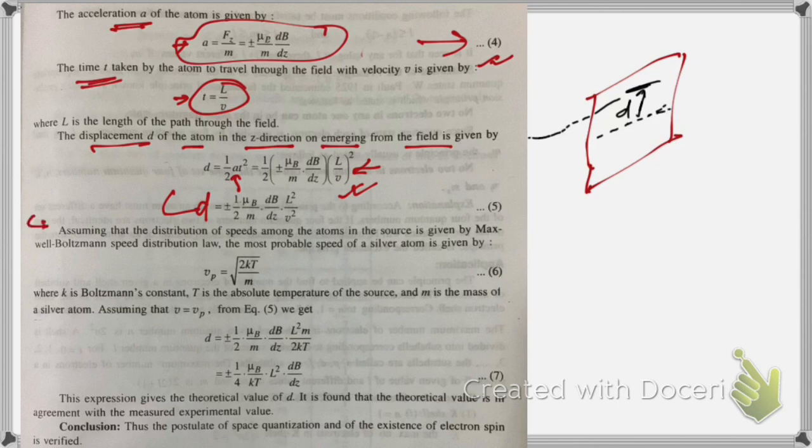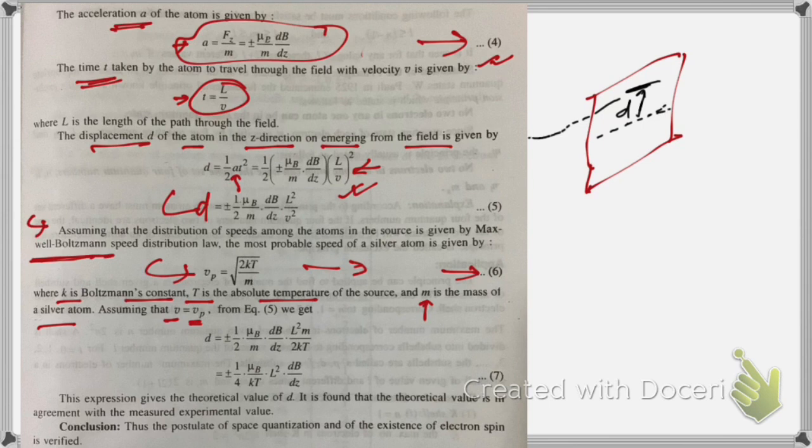And assuming that the distribution of speed among the atoms in the source is given by the Maxwell-Boltzmann speed distribution law, that is equation number 6, right? So k is the Boltzmann constant, T is the absolute temperature, right? Also we have taken small m as the mass of a silver atom, and assume that v is equal to vp, right?